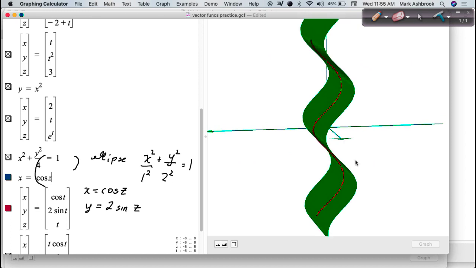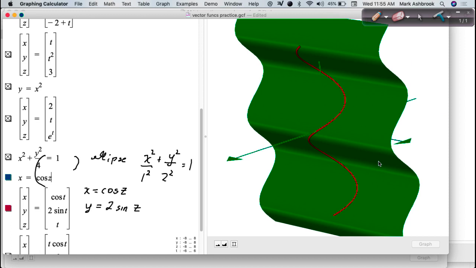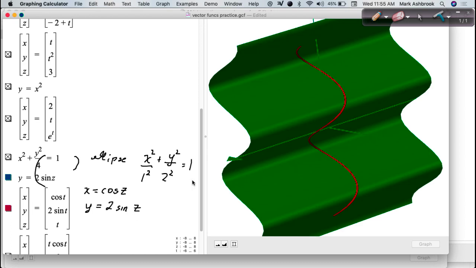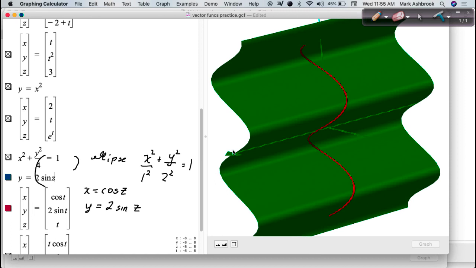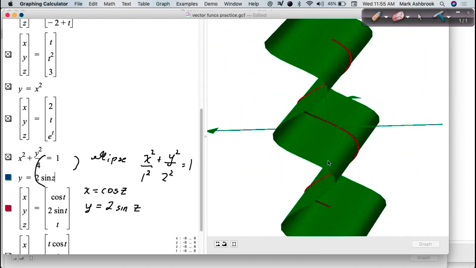And the curve lives on that cylinder. And likewise, y equals 2 sine z. So this is y equals 2 sine z. So it lives on that cylinder.